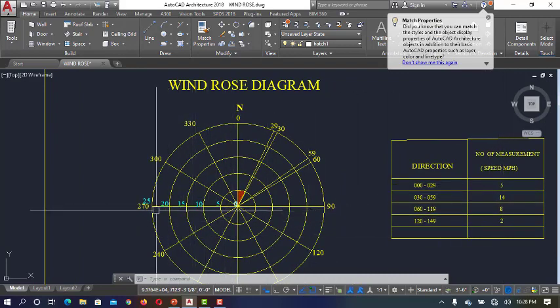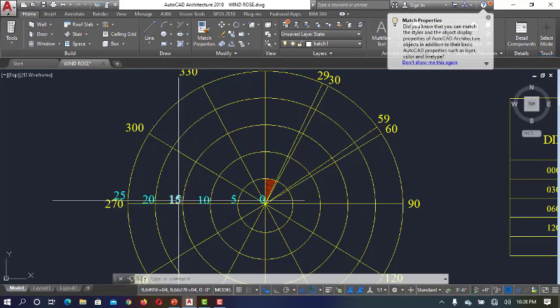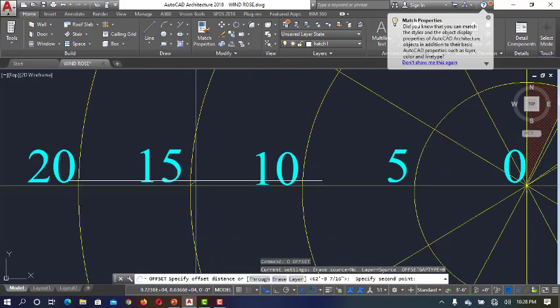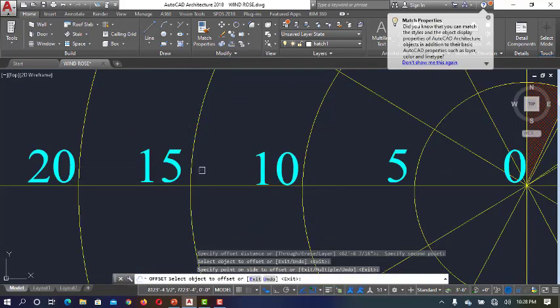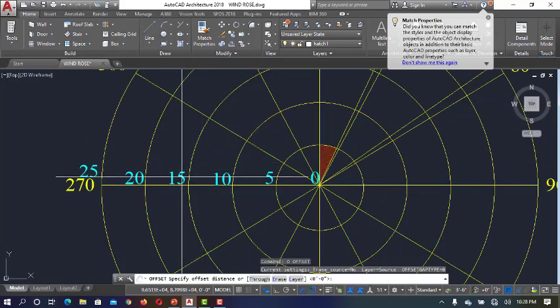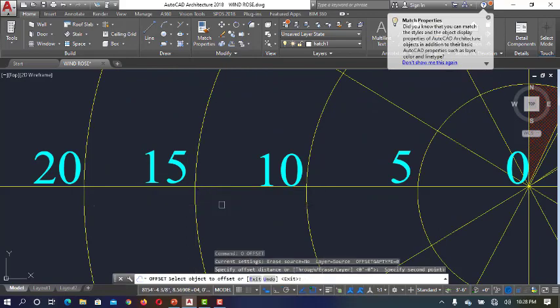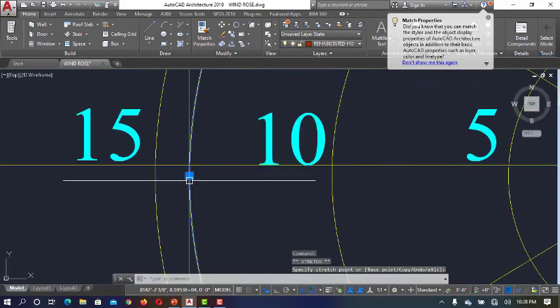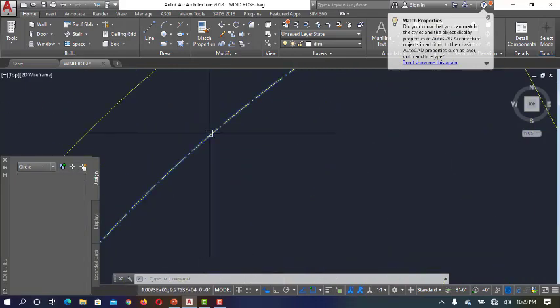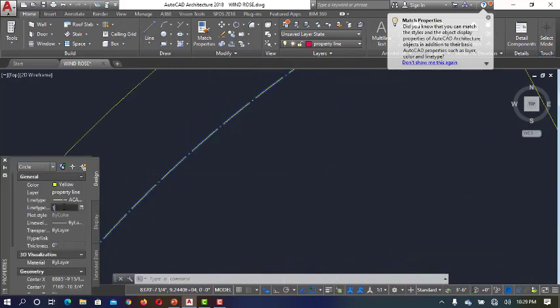So I'll again take, let's consider this circle as your 14. Hope this is pretty clear to you. Now this has been done and dotted in a dotted line.